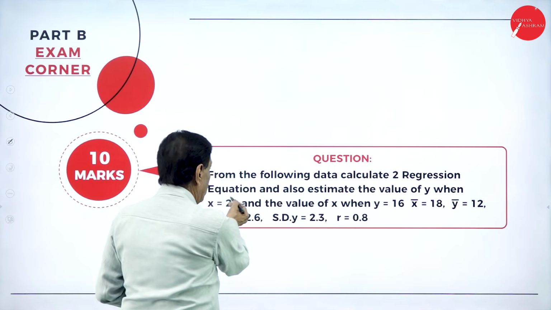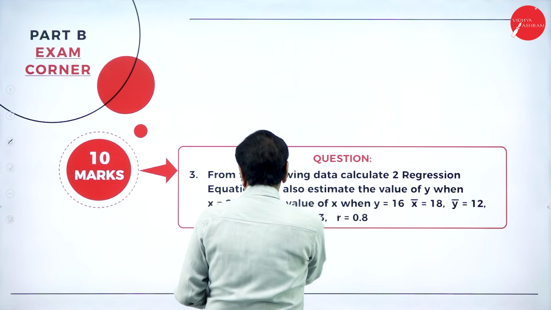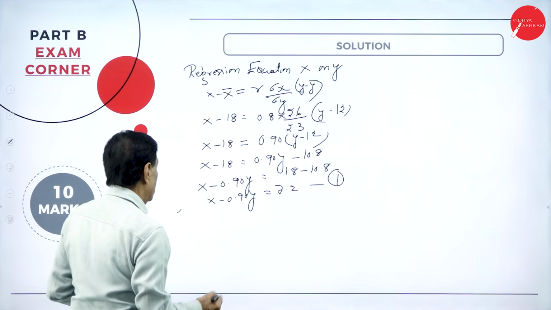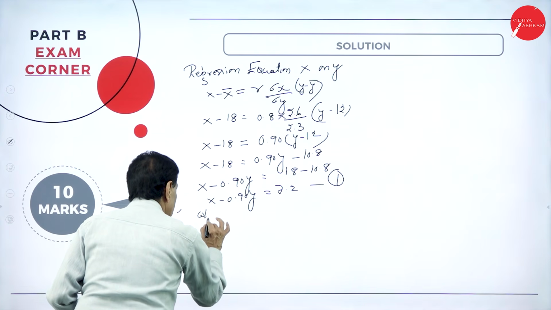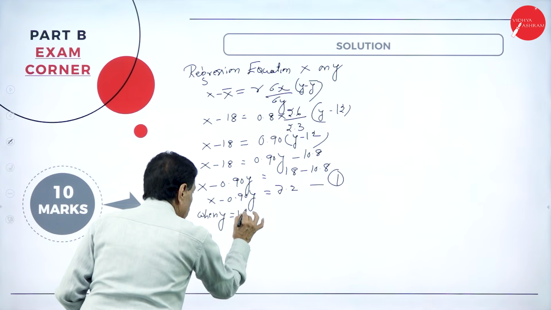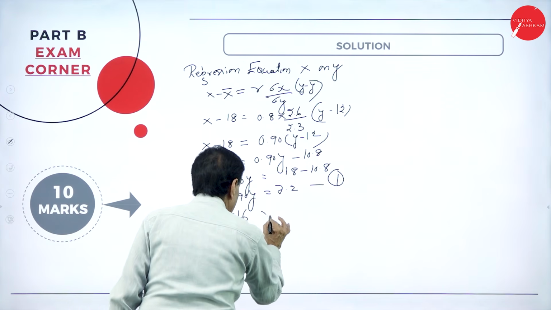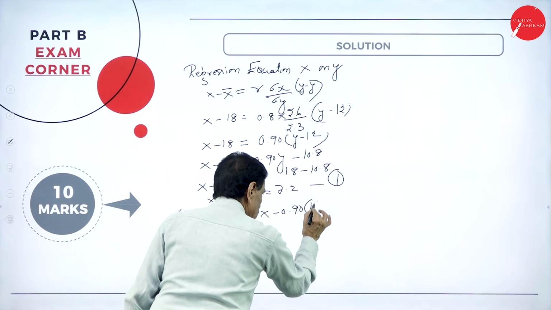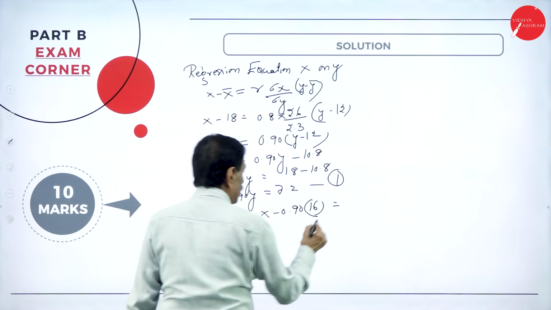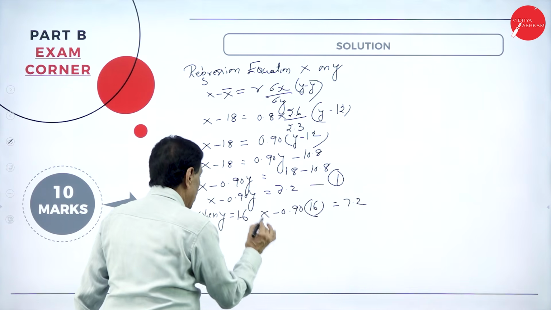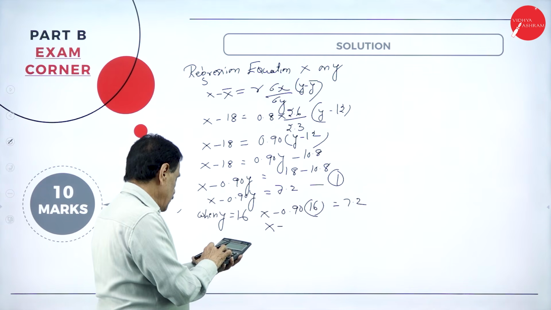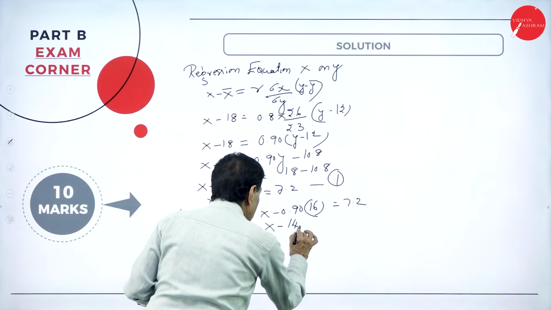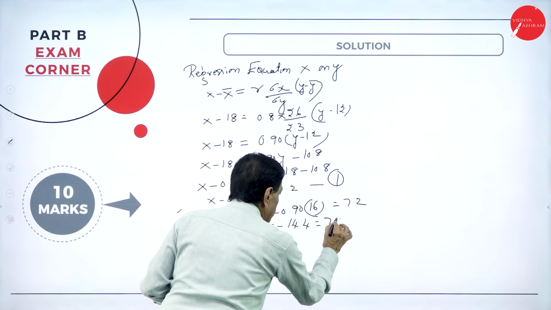Now, what's the y value? Y is equal to 6. Also estimate the value of y when x is 21 and find the value of x when y is equal to 16. When y is equal to 16, x minus 0.90 into 16, 14.4 is equal to 7.2.